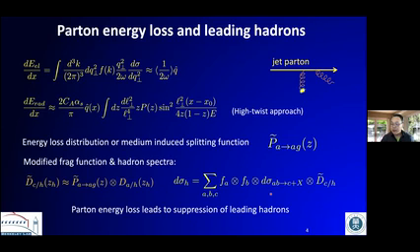Because of this energy loss, which enters into the induced splitting function, the fragmentation function is modified, and this simply leads to suppression of leading hadrons. This is the reason why we argue that by studying the suppression of leading hadrons, you can have indirect access to the value of q-hat along the trajectory of parton propagation.